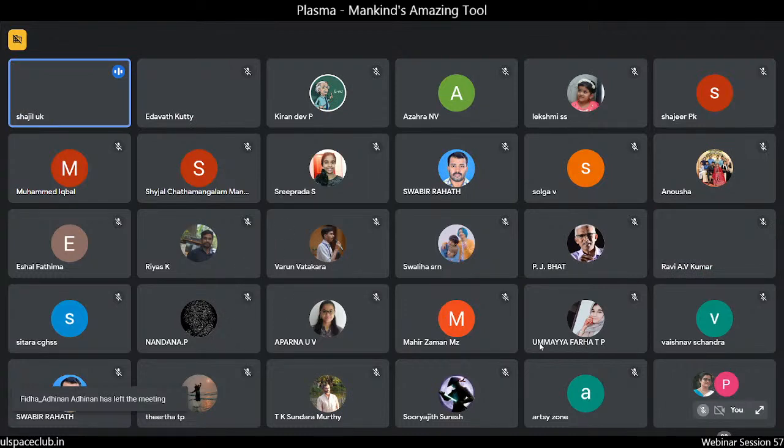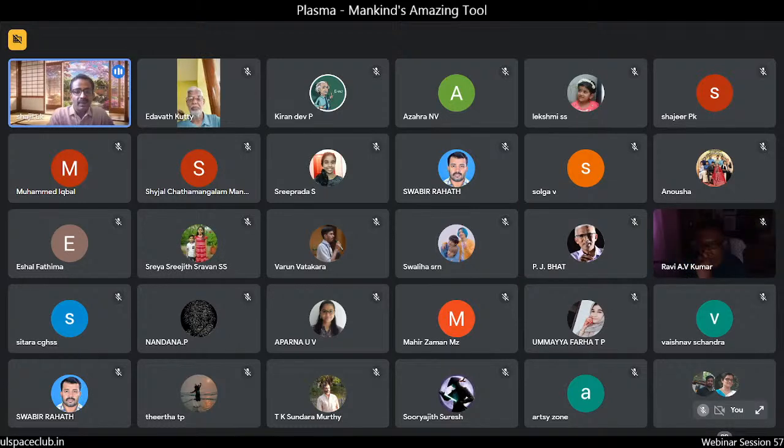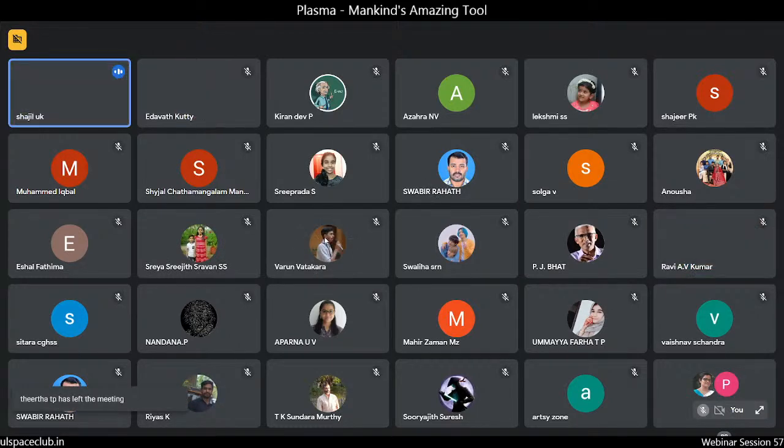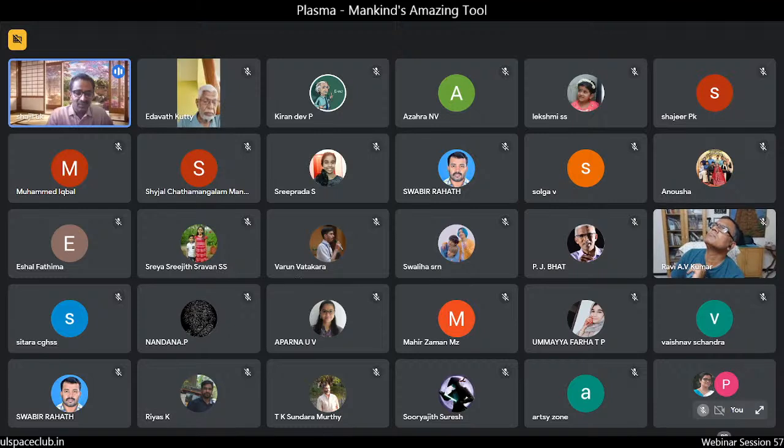So today we are proud to have a person who has a connection with Calicut and who is engaged with science activities to educate the public and scholars all over India about plasma and its scope. Today also, the students will get a glimpse of these areas from his own words.